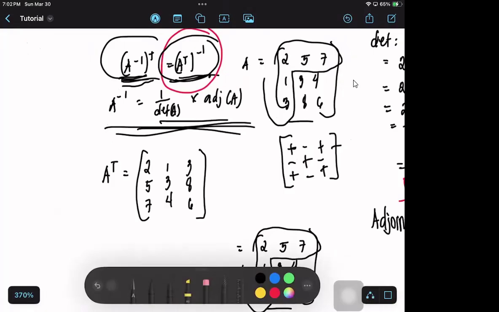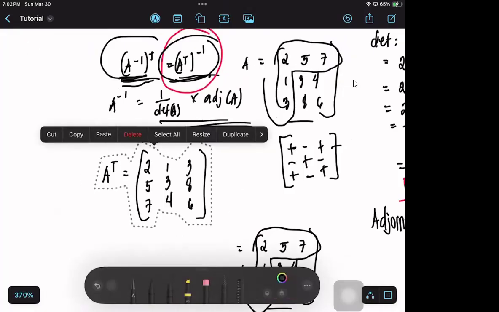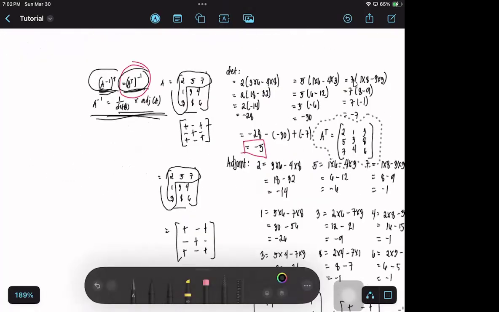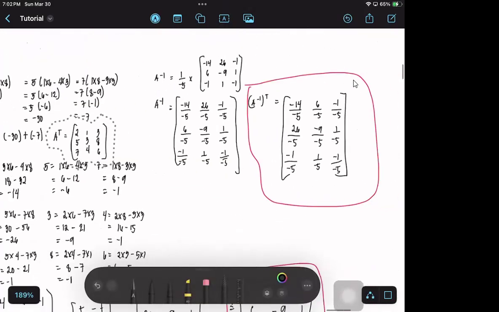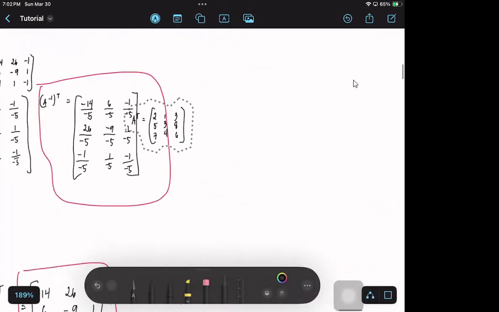Now we'll get the inverse. Let me copy that as is and bring it here so that we could easily compare it later with our other results.